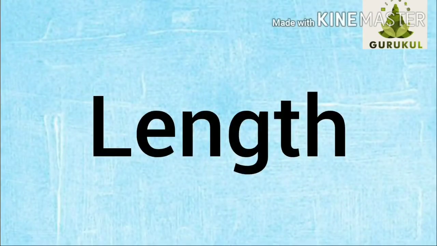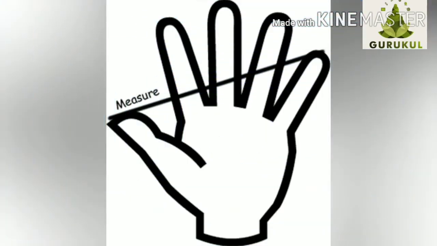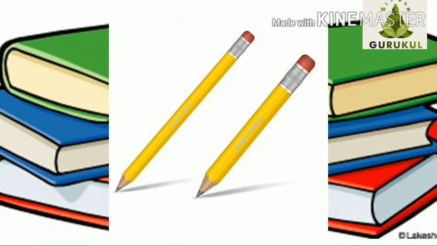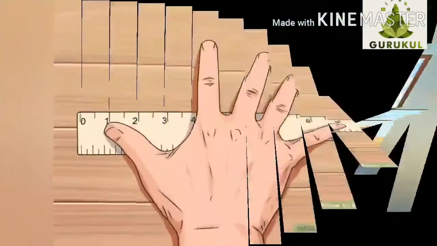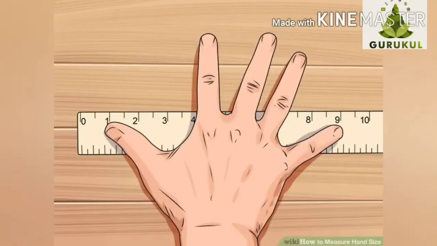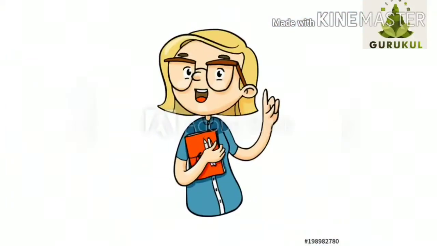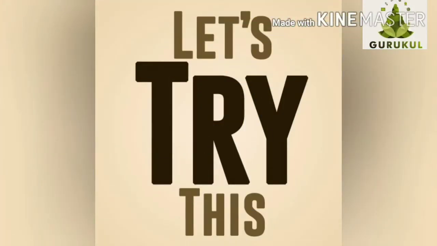Children, have you ever used handspan to measure books, pencils, benches or any other object? Handspan measure is the distance measured by a human hand. If you haven't, let's try this today, okay?